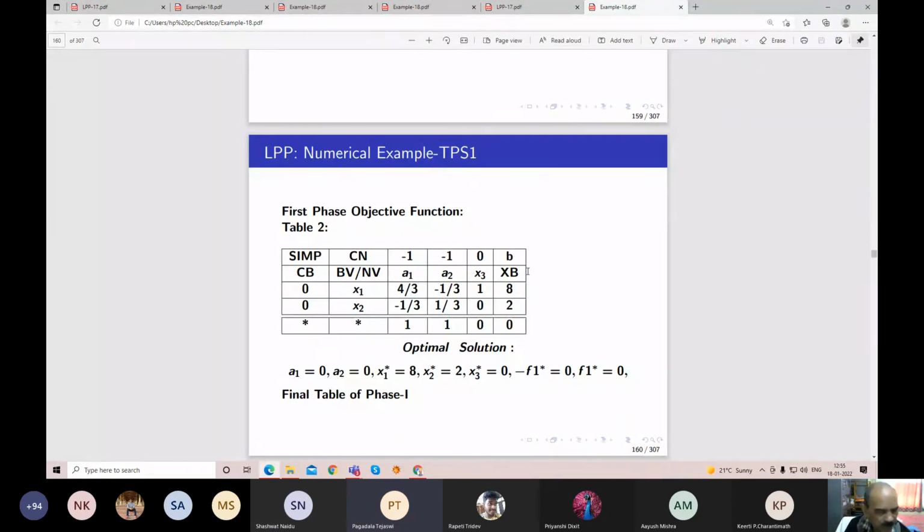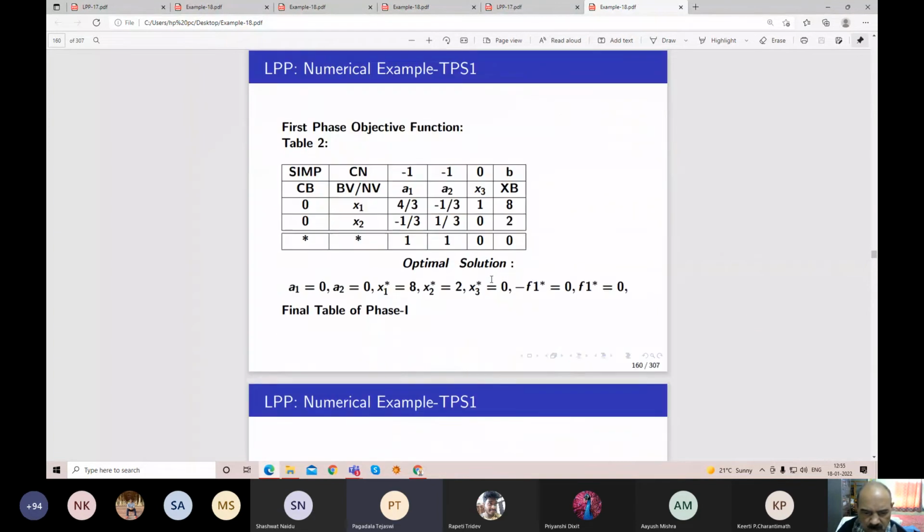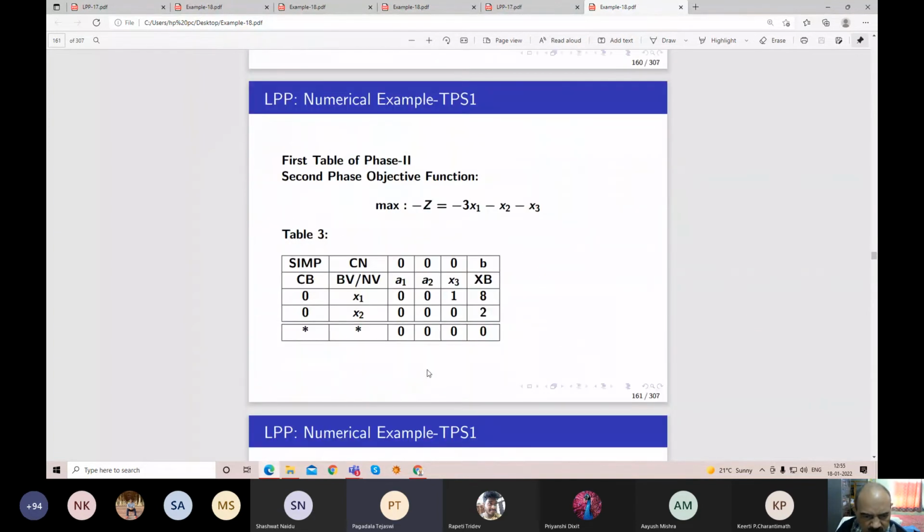So what will we do? We will keep the same table. The artificial variables A1, A2, these two columns you can remove, or you can make the coefficient 0. We are making the coefficient 0. So what is the new auxiliary function? Minimize z equal to 3x1 plus x2 plus x3. But generally we solve maximization type problems, not minimization.